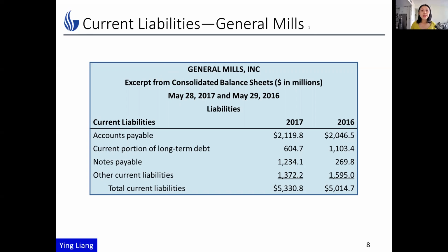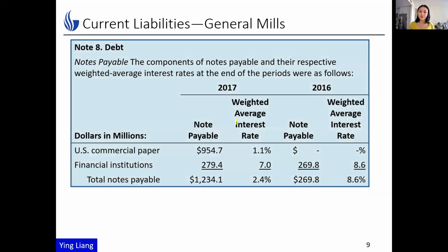As you can see here, the accounts payable in 2017, which is listed as the first line, is 2,119.8 million. And the notes payable is this part, also under current liabilities. We have 1,234.1 million. Okay, so what is in the disclosure of General Mills?